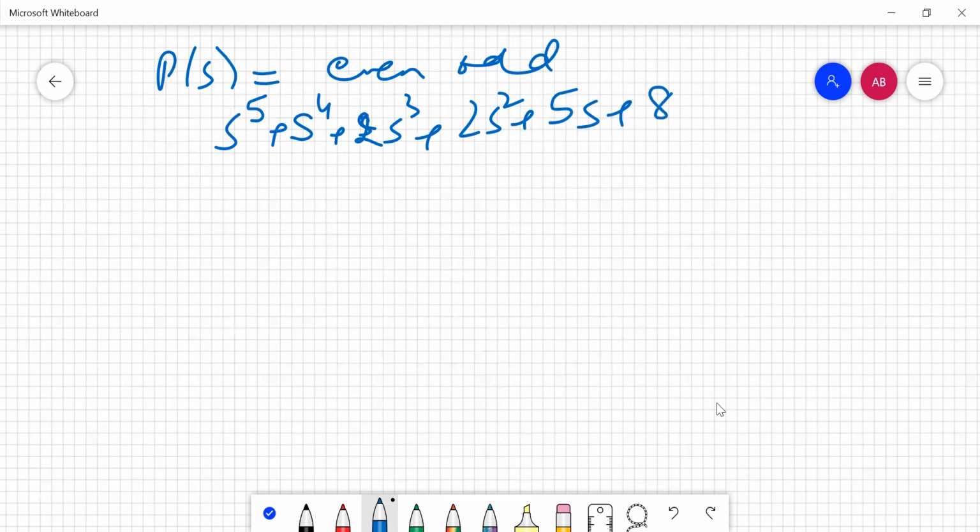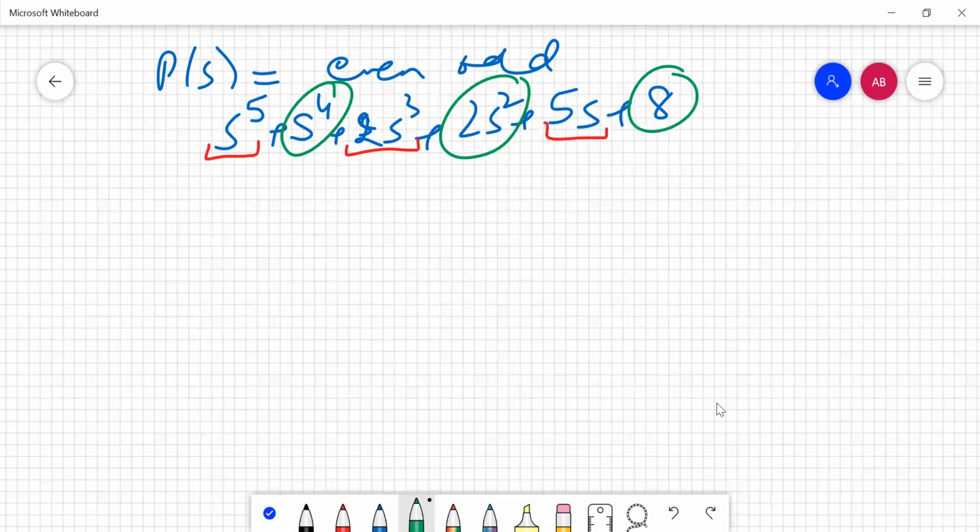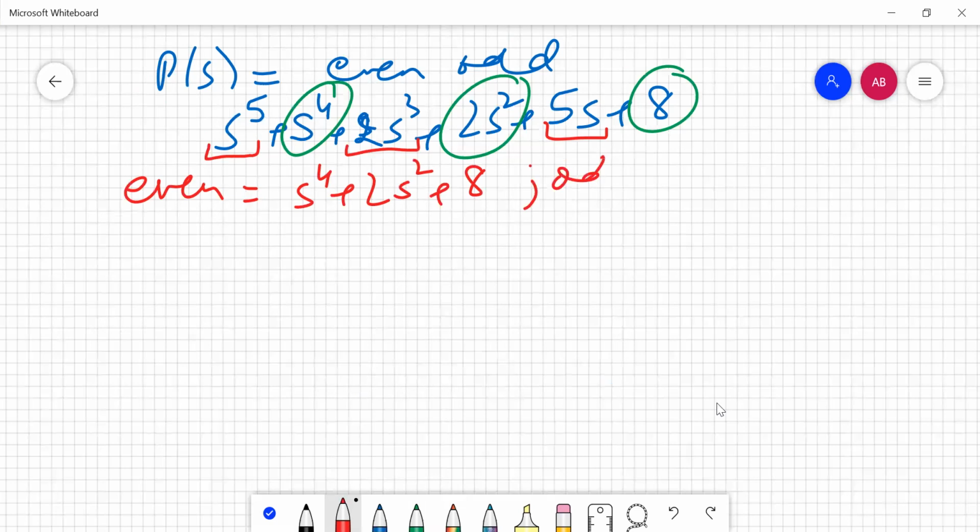Now you all know that we can separate the odd powers and the even powers of this polynomial. So let me circle the even ones with green and then we can separate them out. My even polynomial will be equal to s^4 plus 2s^2 plus 8, while my odd polynomial will be equal to s^5 plus 2s^3 plus 5s.